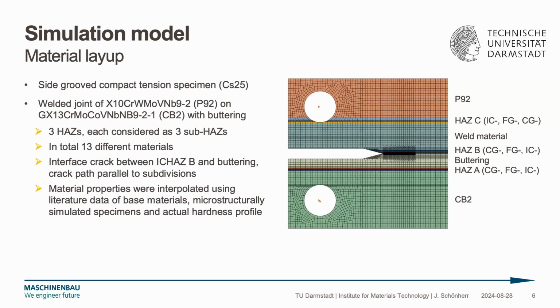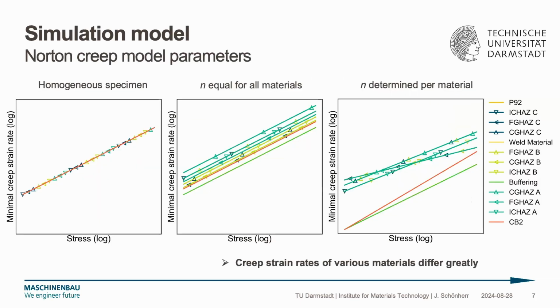There's a weld material in between, and 3 heat affected zones, which, as already said, are divided into 3 subzones. So we have a total of 13 different materials for which we fitted literature data, just to get an idea of what error we will obtain when using methods like Abaqus or the ASTM solutions, and how these methods compare.